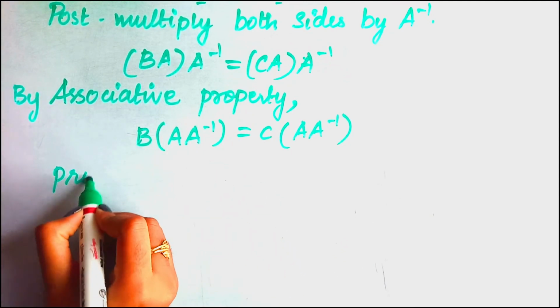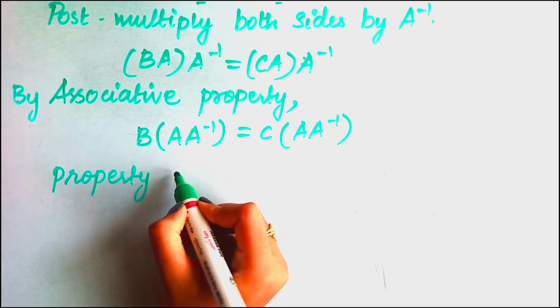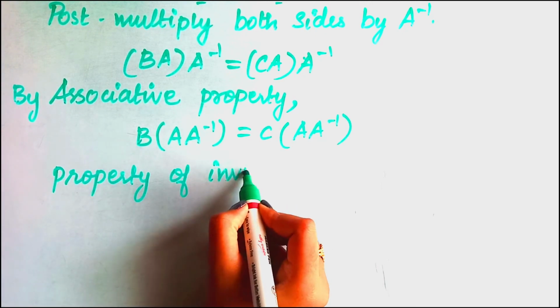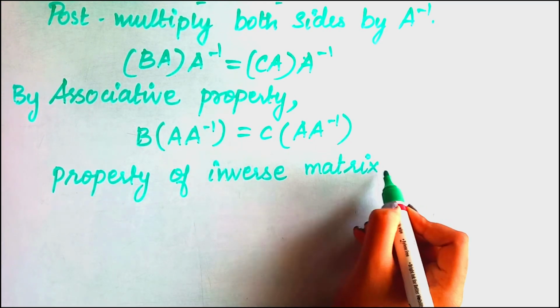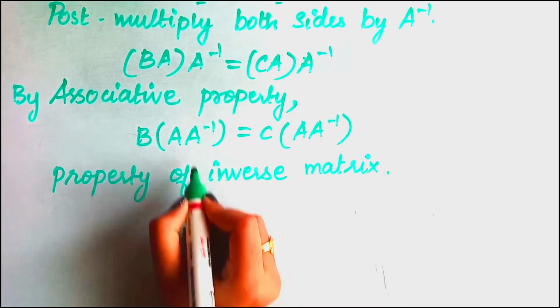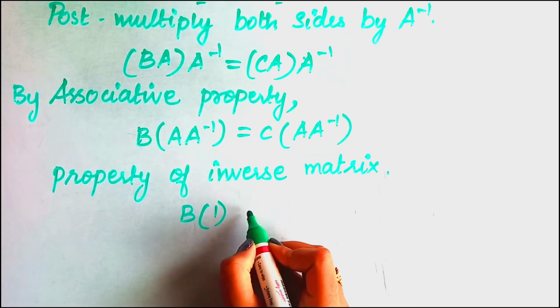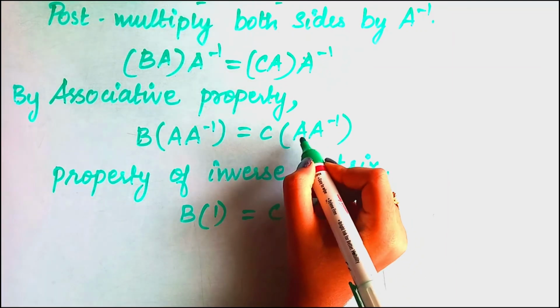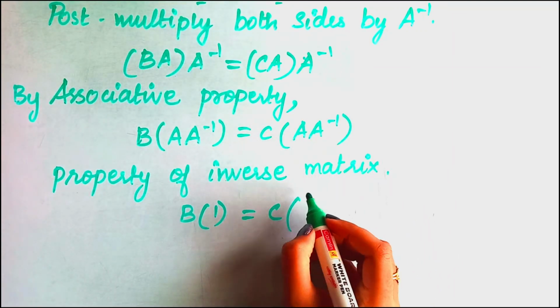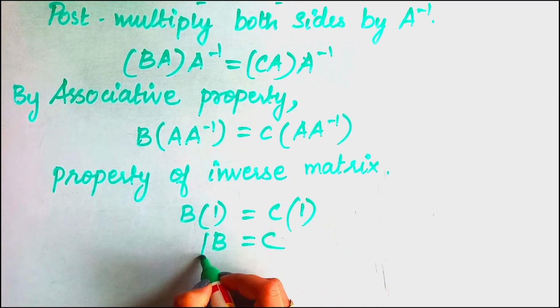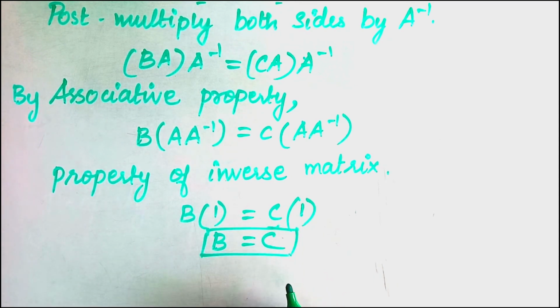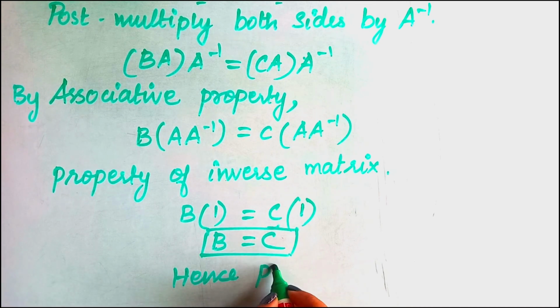So in the place of A into A inverse we'll get an answer 1, and then B into 1 is equal to C into 1. So therefore B is equal to C. Therefore we have found what we have to prove. Then therefore you can say hence proved.